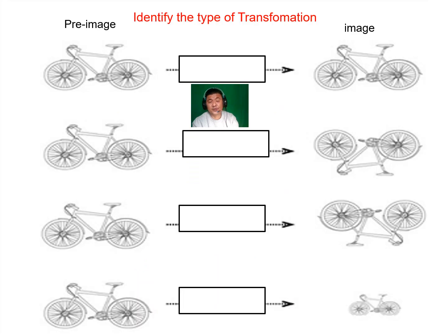Okay, here we're going to identify the type of transformation. Check it out. So look at the handle of the bike. This will be your guide. It's actually the same facing that way. What do you call it? Translation. Correct. How about this? The handle is here, but now the handle is under.